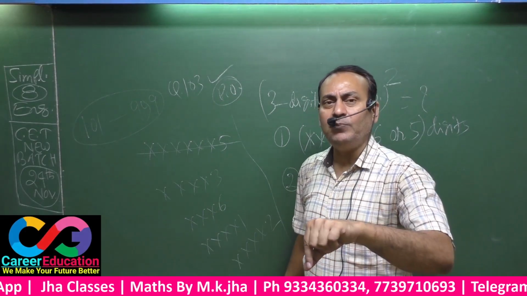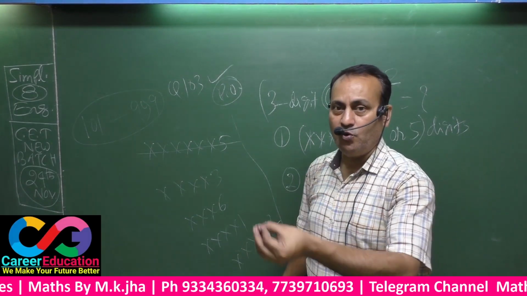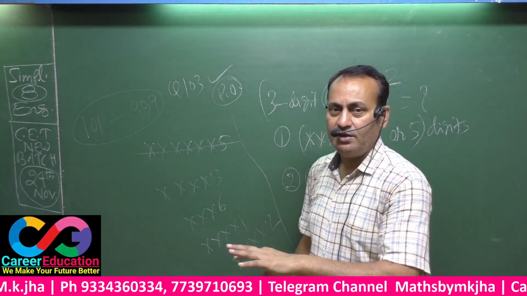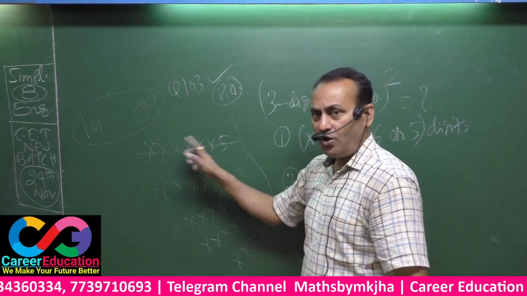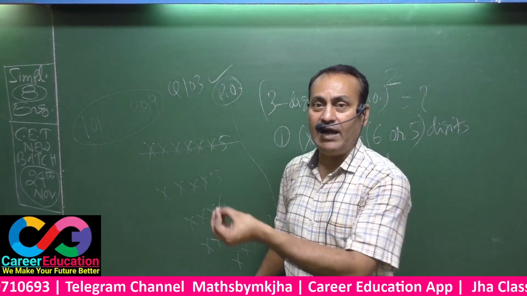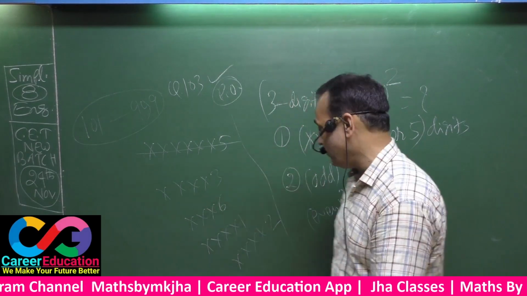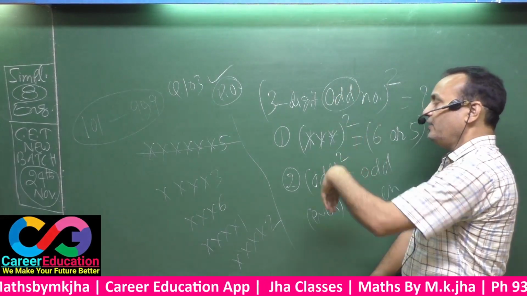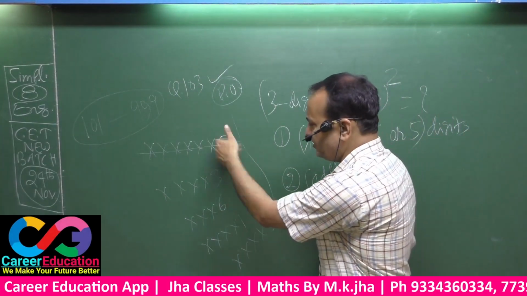If at the unit place there are 0, 2, 4, 6, 8 even digits, certainly the number will be even. But if at the unit place the digits are 1, 3, 5, 7, 9 odd digits, certainly the number will be odd. That means since we have squared an odd number, the result must be an odd number, and the odd number is this one. This has been rejected.